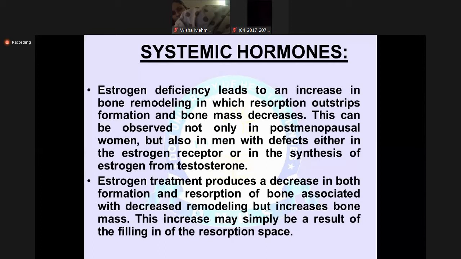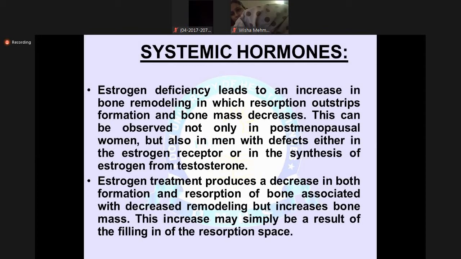Why? Because it is characterized by the loss of bone matrix. And what is the main cause? It occurs due to excessive bone resorption and decreased bone formation. So there is no balance between the osteoclastic and the osteoblastic activity.